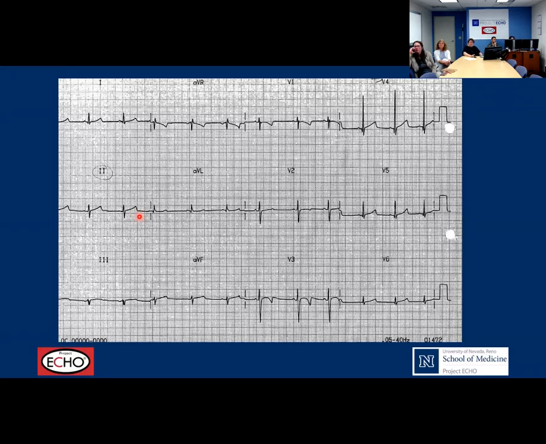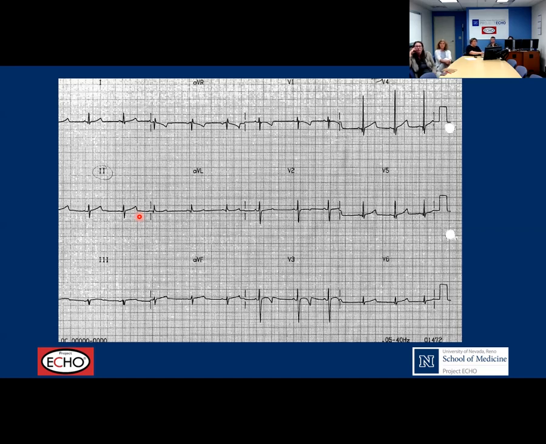Long is considered to be 450 milliseconds in girls and 440 in boys. But what was suggestive of long QT syndrome is the fact that this is a 3-year-old, and typically 3-year-olds don't have this slow of a heart rate. So bradycardia will be one of the tip-offs.